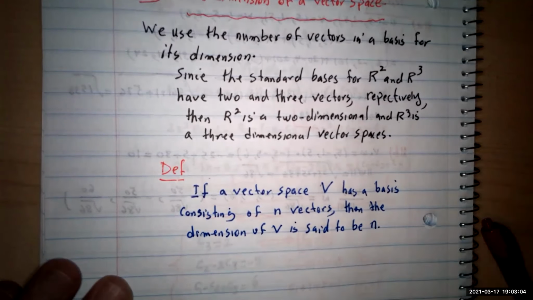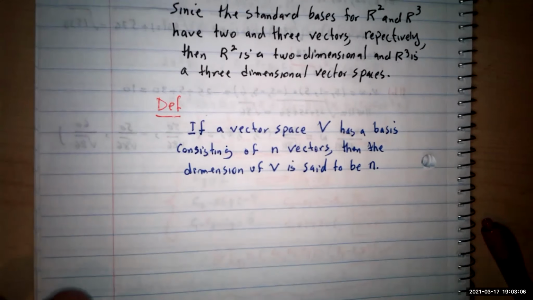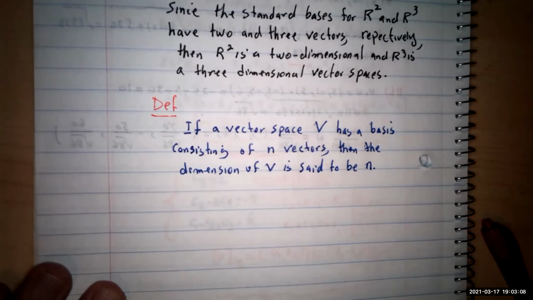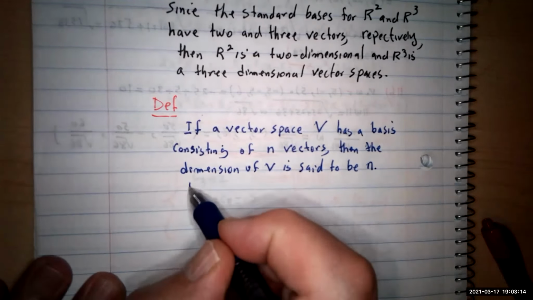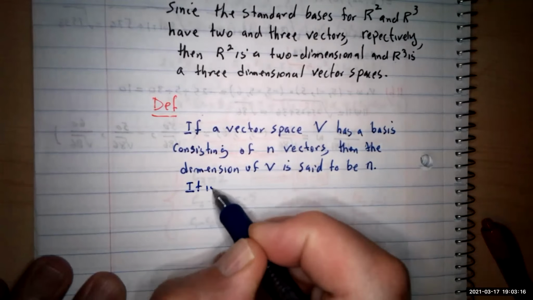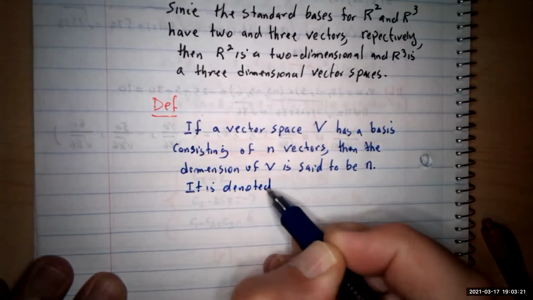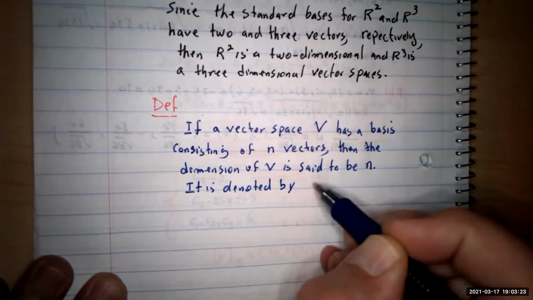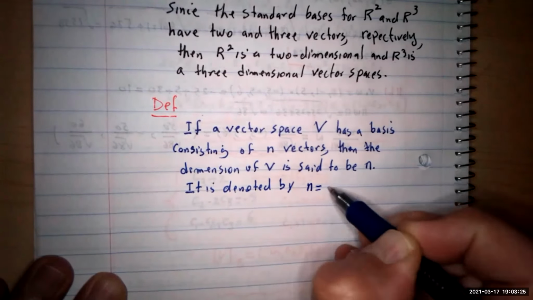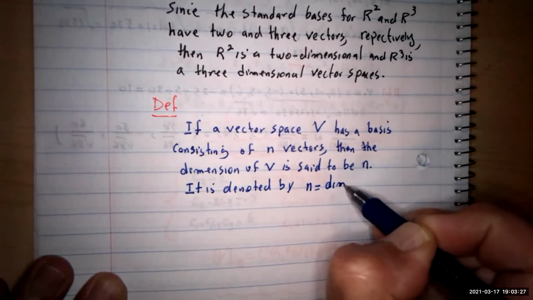So the dimension of a vector space is the number of vectors in a basis. The dimension is denoted by n equal to the dimension of V.